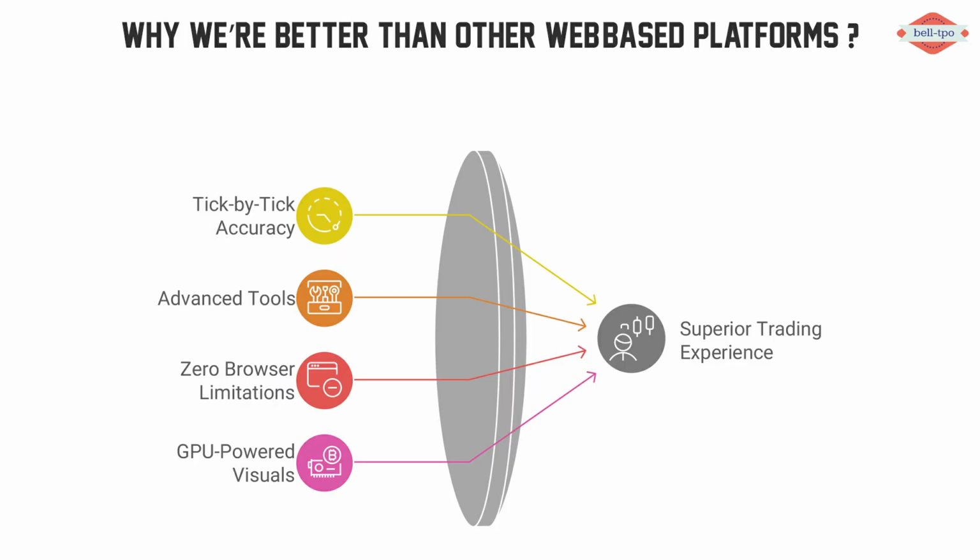Why we are better than any other web-based platforms? First thing is tick by tick accuracy. Now, what do you mean by tick by tick data? Tick by tick data is where you record the data as soon as the trade is executed.